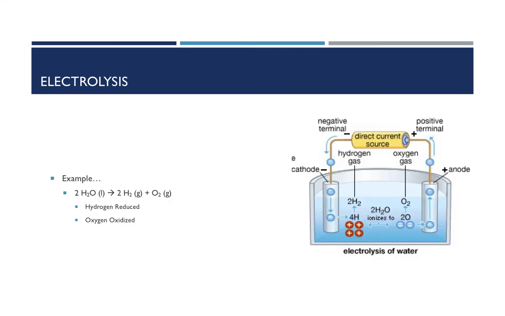Okay. Another example of electrolysis, the electrolysis of water. 2H2O goes to 2H2 plus O2 gas. You think about this in terms of oxidation numbers. We're going to get hydrogen ions going to hydrogen gas, so electrons are being gained.